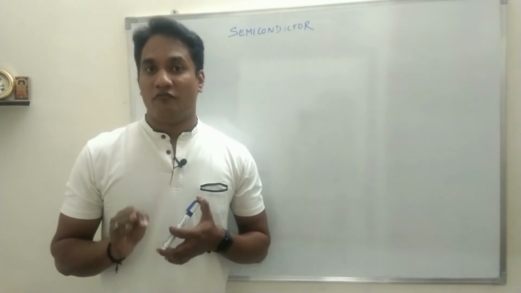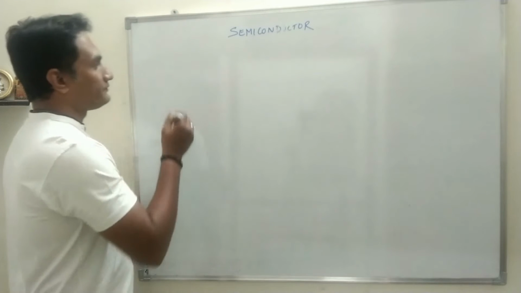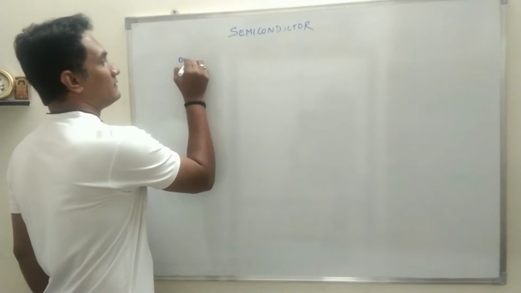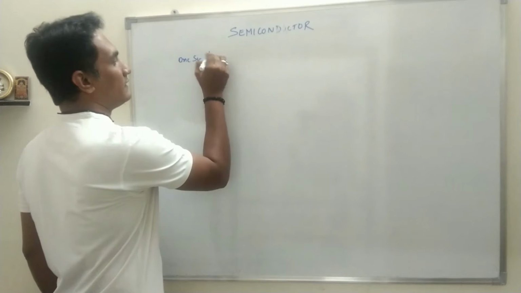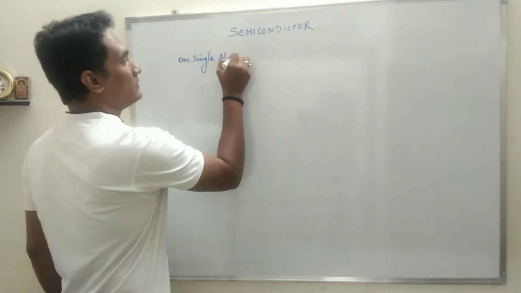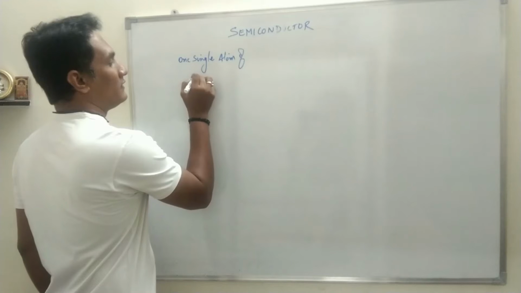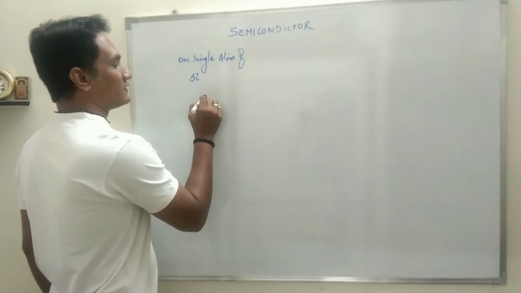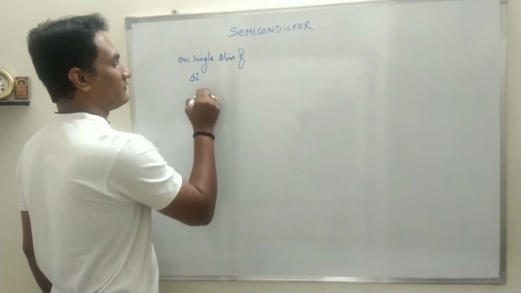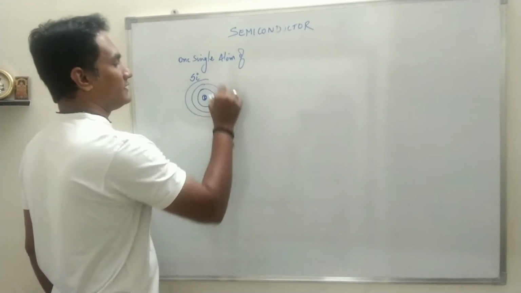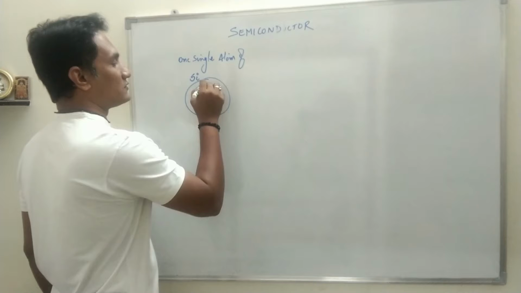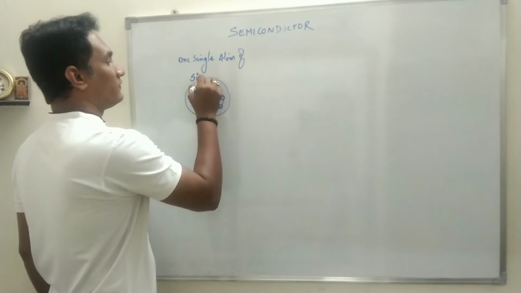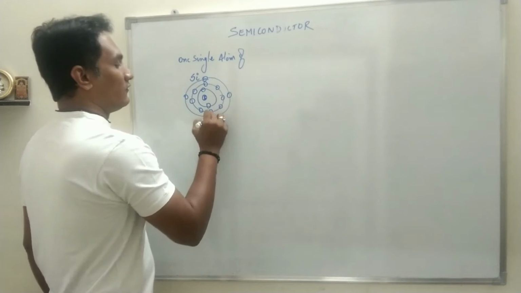Until now we have been trying to understand one single atom of, say, silicon. One single atom has the protons and neutrons in the nucleus, then the first orbit, second orbit and third orbit. The first orbit has 2 electrons, the second orbit has 8 electrons and the last orbit has 4 electrons.